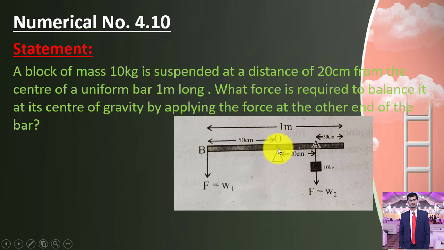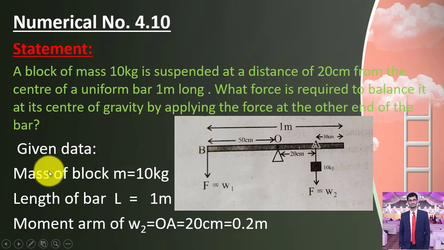So its center must be equal to 50 centimeter and the distance from O to A is 20 centimeter. What force is required to balance it at its center of gravity, that is this point O, by applying the force at the other end of the bar?